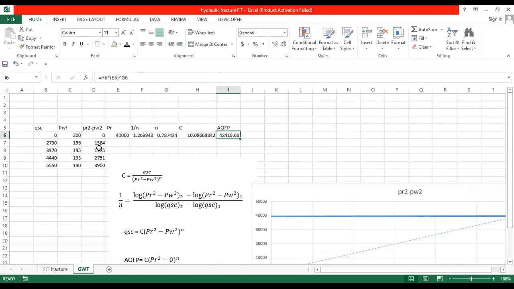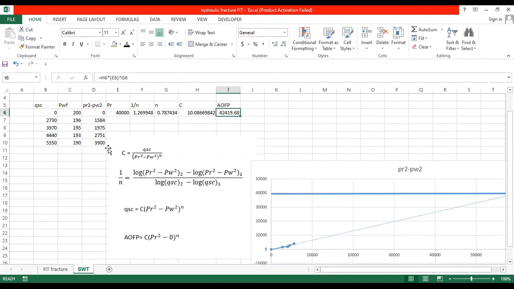It is not that we should not consider the second point, but sometimes the difference between these 2 points is not enough to predict the accurate value. Because of that, we have to go for the last point according to the graph, and start predicting it theoretically. In that way, we can estimate AOFP.